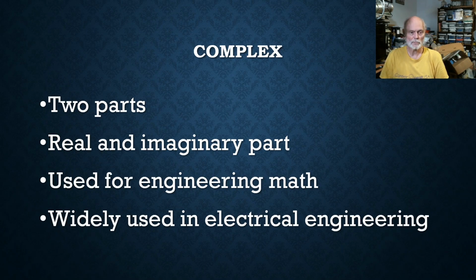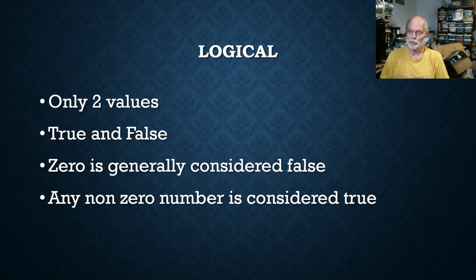There are complex numbers, where it has a 2-part, a real and an imaginary part, used in engineering a lot, especially in electrical engineering. Logical are true or false, only the 2 values. A 0 is considered false, any other number true.